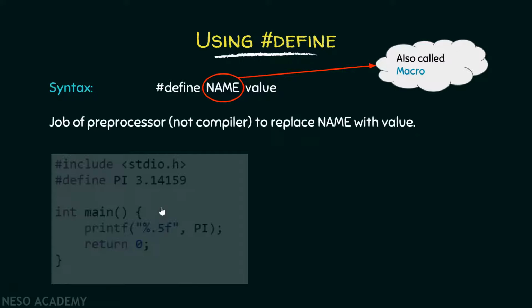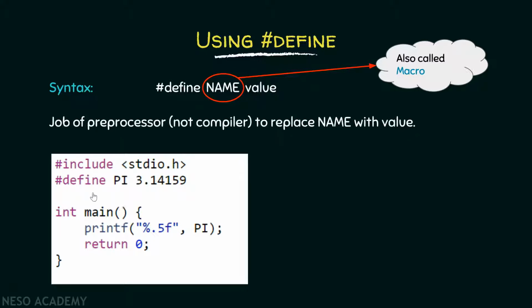Let's see one example. Here suppose I define PI as 3.14159. Now this is the name and this is the value. #define name: the name is PI and the value is 3.14159, right? I am simply going to print this PI instead of using this 3.14159 constant over here.